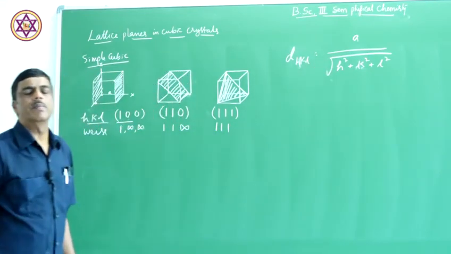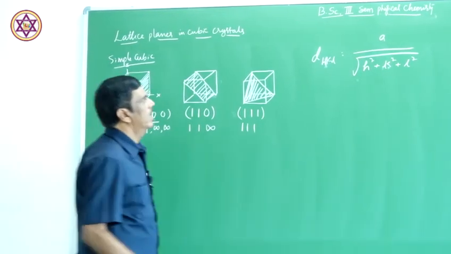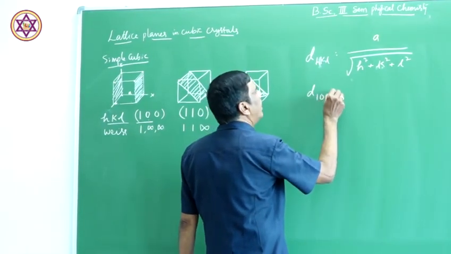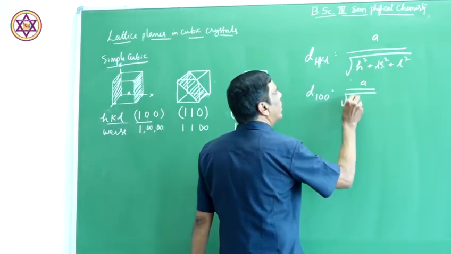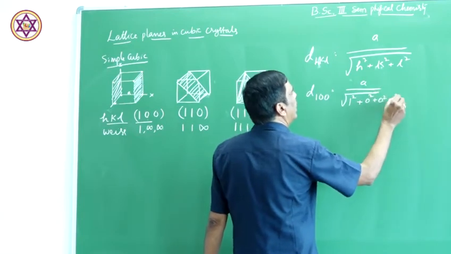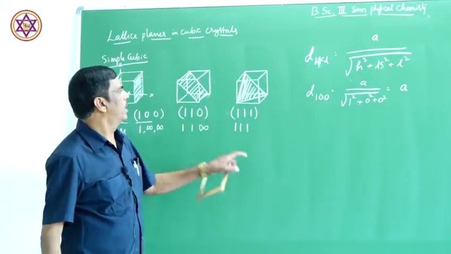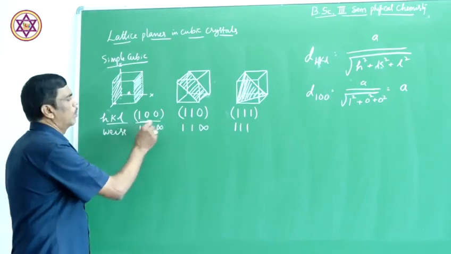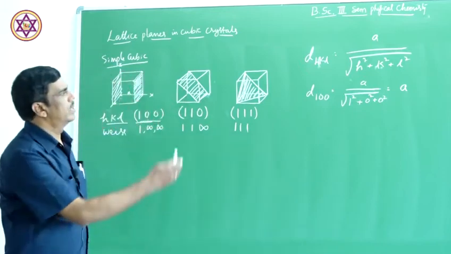D HKL is equal to a by square root of h squared plus k squared plus L squared. For the 100 plane, D100 is equal to a by square root of 1 square plus 0 square plus 0 square, that is equal to a, the unit intercept.